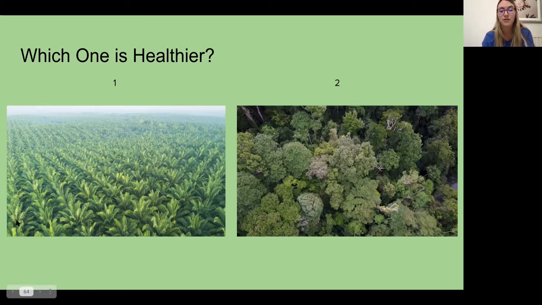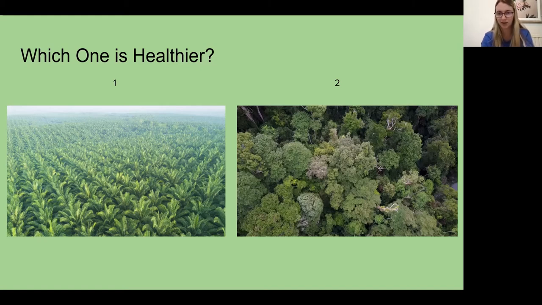So if we know that photo number 1 shows low biodiversity and low age diversity, and photo number 2 shows high biodiversity. The age diversity can be very challenging, especially from this top-down view. It's kind of hard. We can't see the forest floor at all.